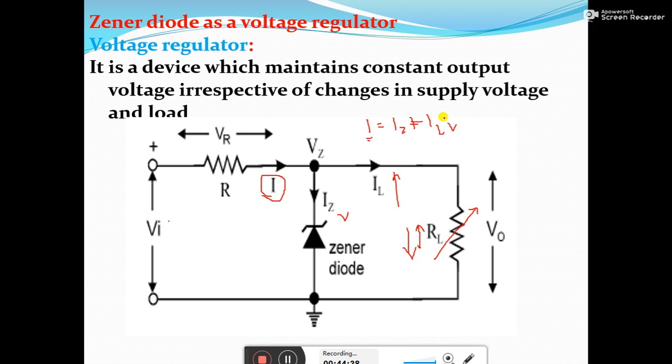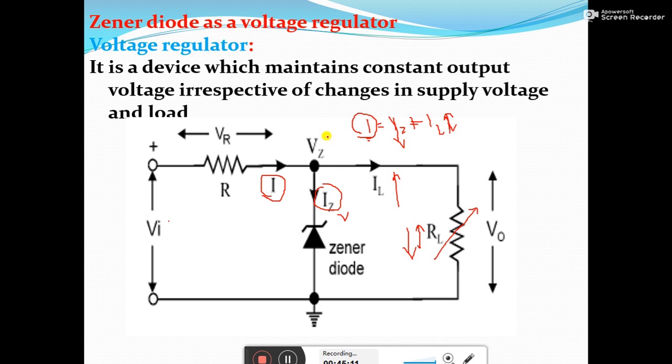As IL is increased, to balance this equation, either I should decrease or Iz should decrease. But since I is maintained constant here, I expect I to be constant, so since there is an increase in IL here, Iz should decrease, so that I remains constant.